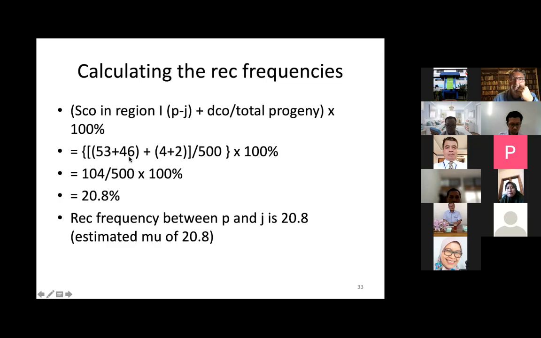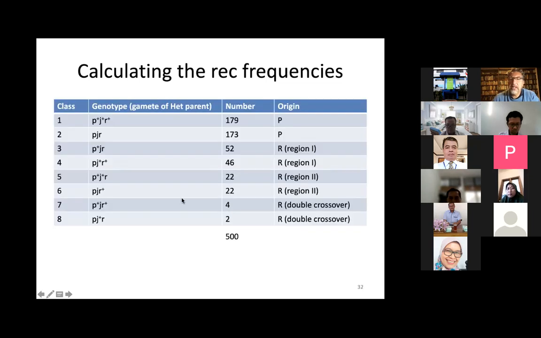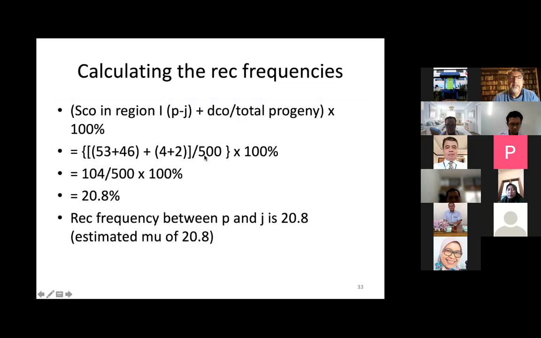I made a mistake. 46 plus the double crossover classes, which are 4 and 2, okay, over the total progeny, which is 500, times 100%. So it's 104 over 500, you have 20.8. Recombination frequency between P and J is 20.8%, or 20.8 centimorgans.